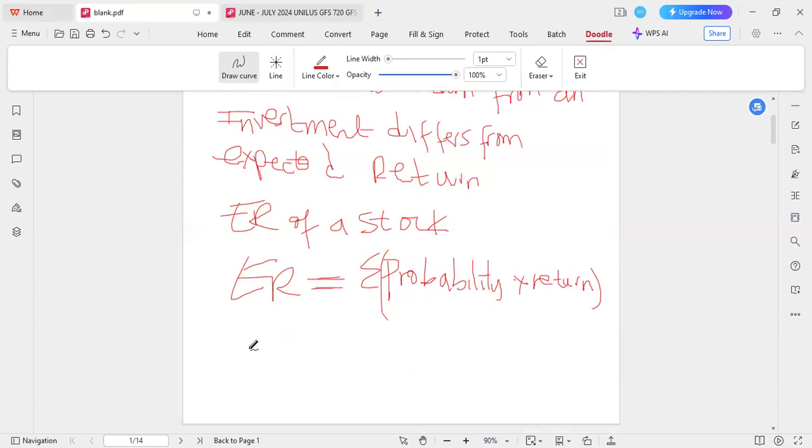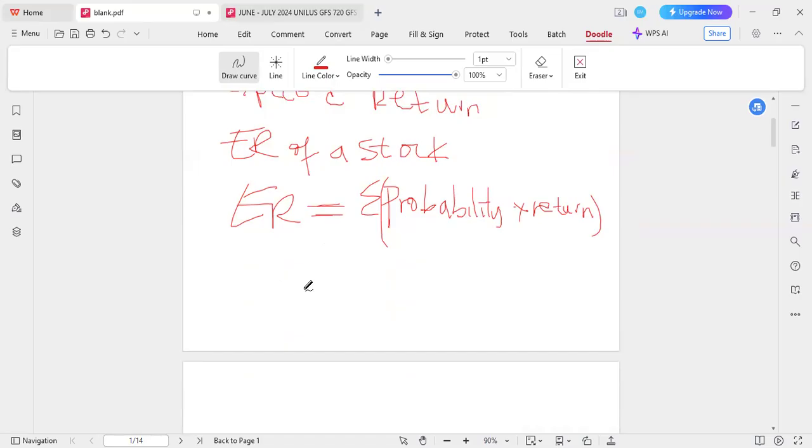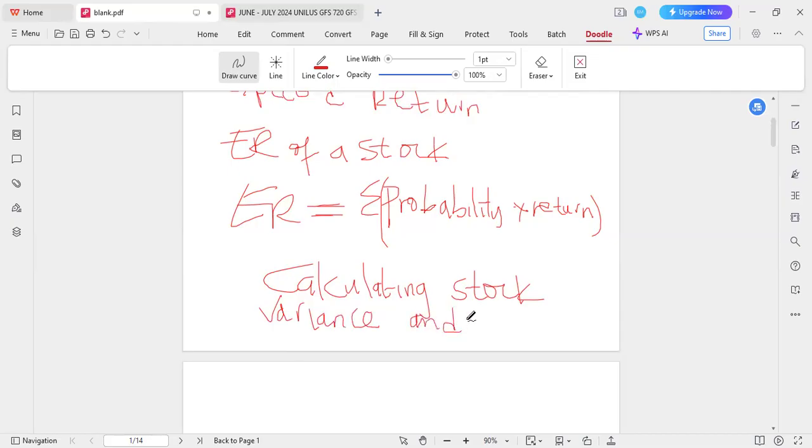And of course, we now look at calculating stock variance and standard deviation.